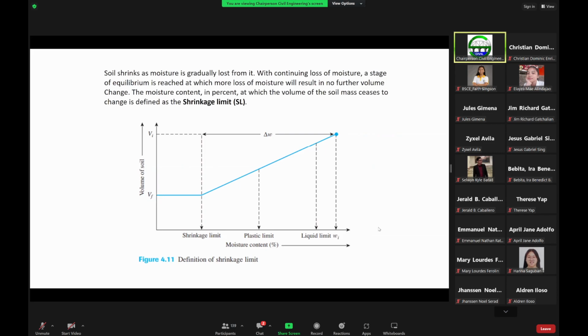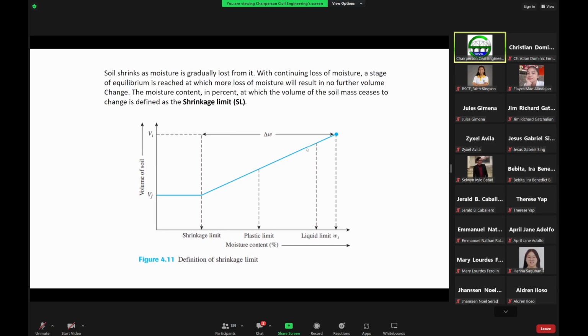So for example, in this figure, you have a soil material with an initial volume, V sub I, and an initial water content, W sub I. As the moisture is gradually lost, it can reach its liquid limit state.